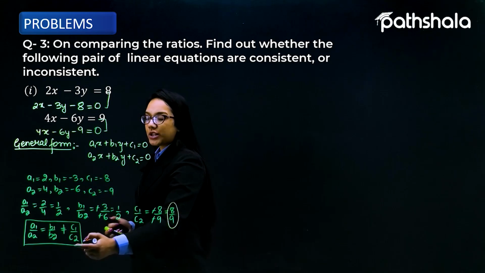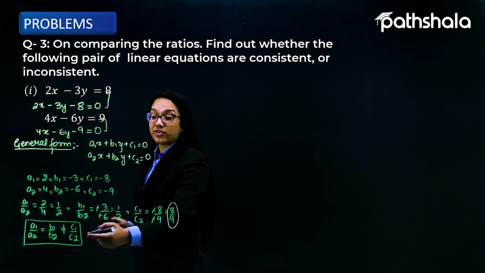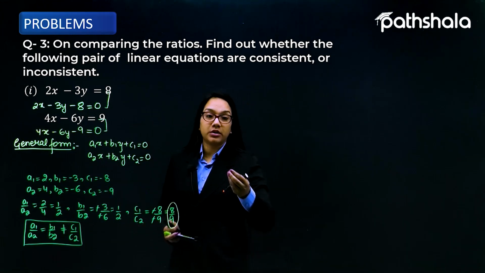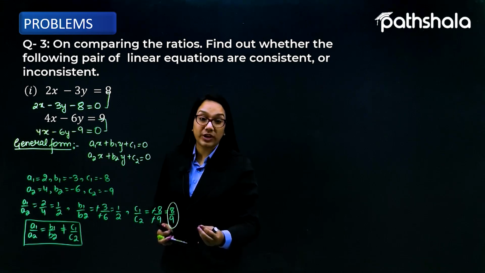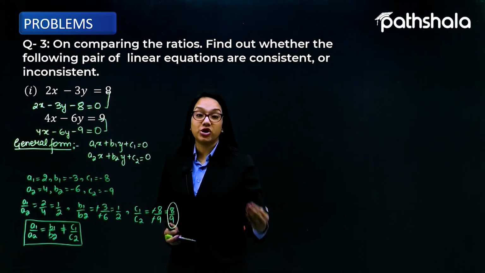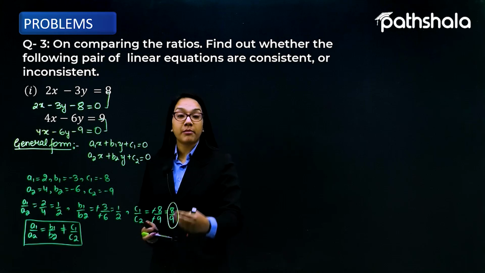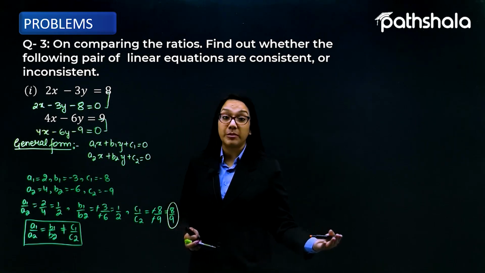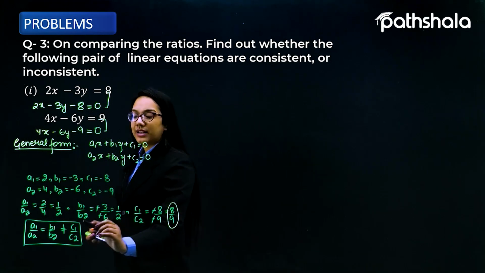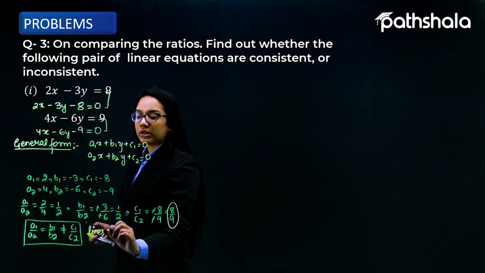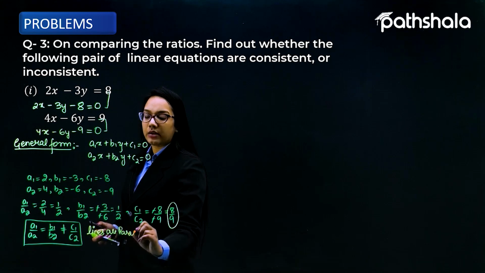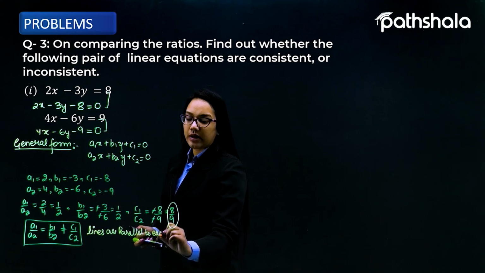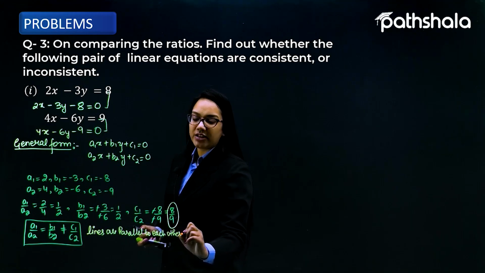So what can we say through this condition? We can say that the two linear equations are parallel to each other. Whenever a1 by a2 is equal to b1 by b2 but not equal to c1 by c2, it means that the lines are parallel to each other, and thus they do not have any solution.